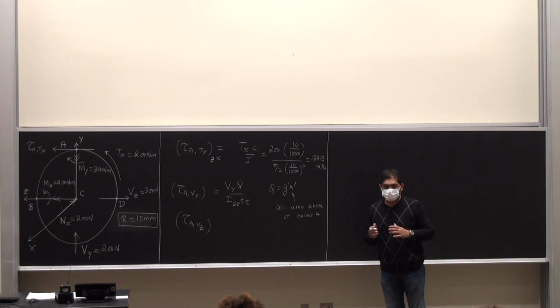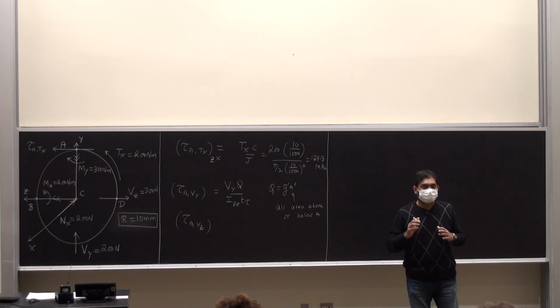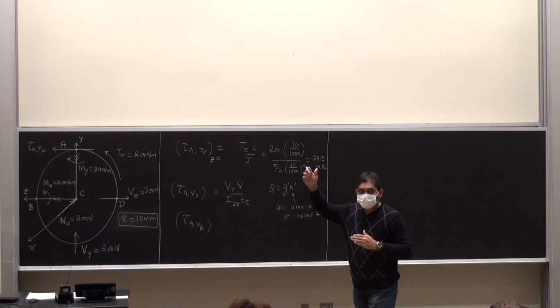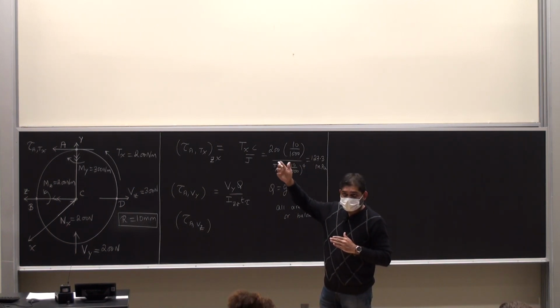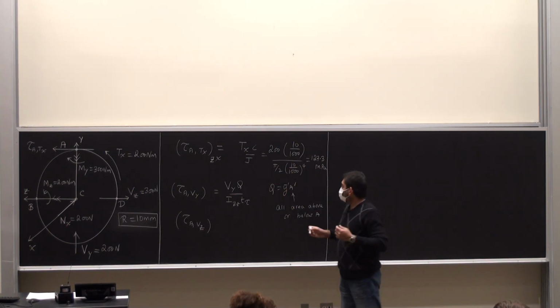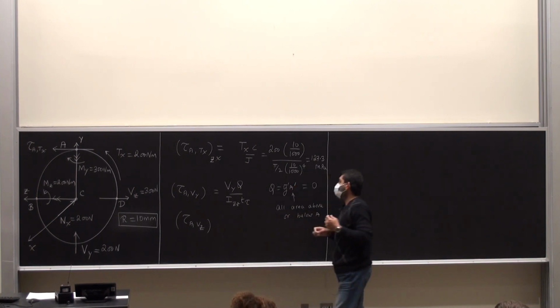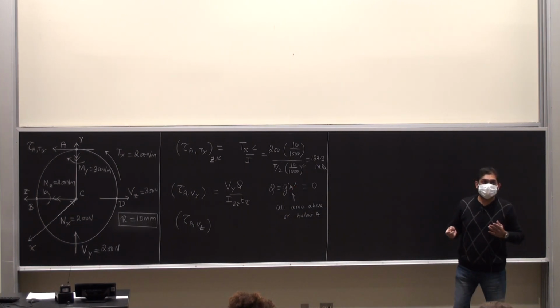And it is quite obvious that if I look at the area above the point A, there is no area above the point A. Okay, so which means that Q is 0 for me, and so tau A comma Vy is actually 0.